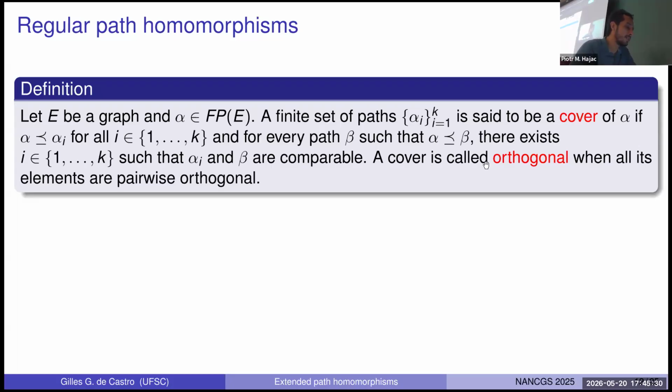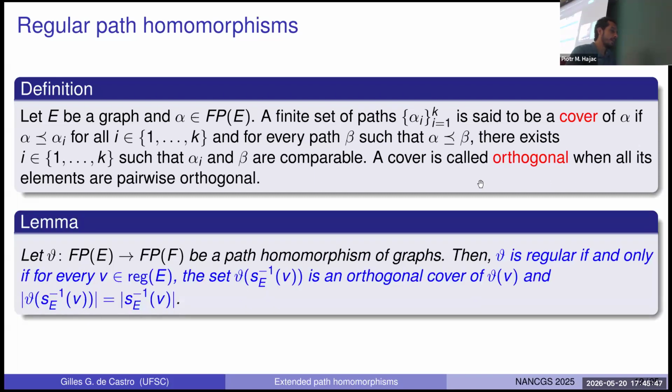And this cover is called orthogonal if the alpha i's are pairwise orthogonal, in the sense that they are not comparable. So alpha i is not comparable with alpha j if you want this cover to be orthogonal. And then, as I said, there is a different way of looking at regularity.